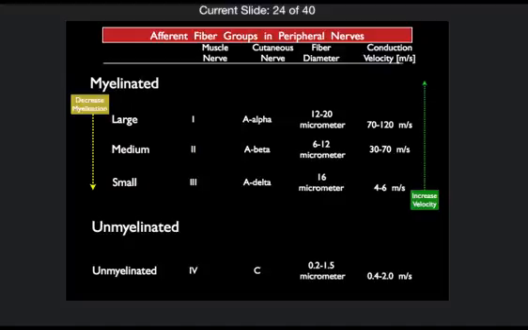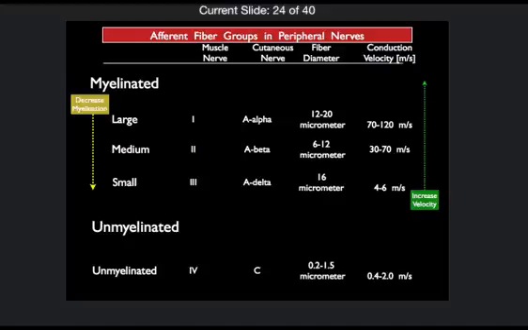If you talk about a motor nerve, generally the classification is 1, 2, 3, and 4. 1, 2, and 3 are myelinated and decreasing in magnitude, and down here are the unmyelinated. A good example of this would be a postganglionic fiber.